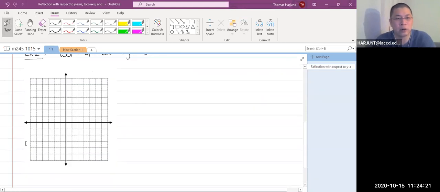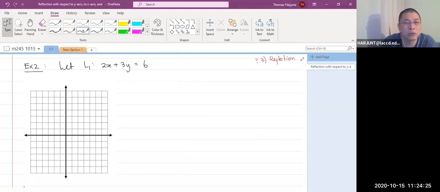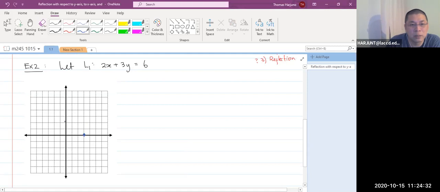Let's try to sketch the graph. 2x plus 3y equals to 6. The x-intercept is 3, 0. The y-intercept is 0, 2. So this is the line. That's the line.